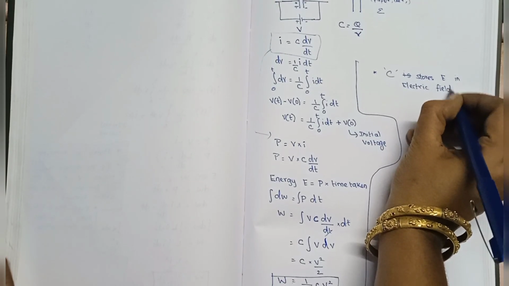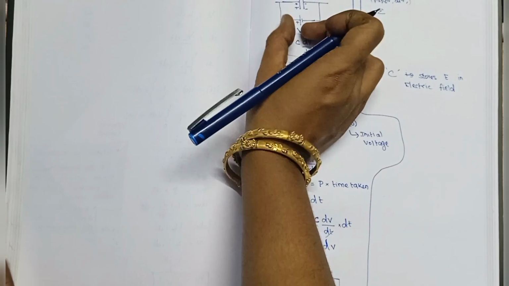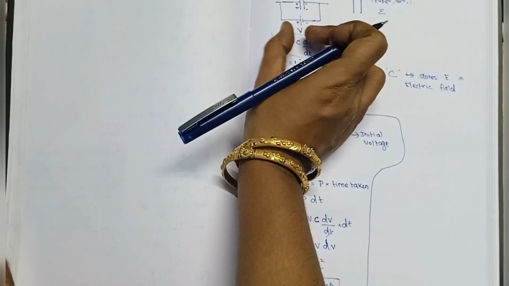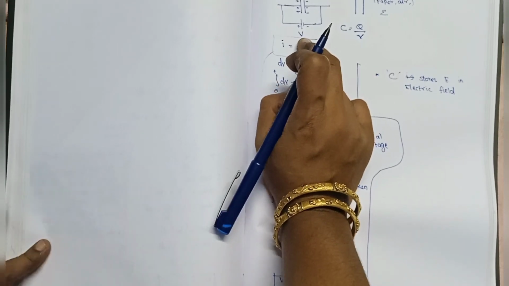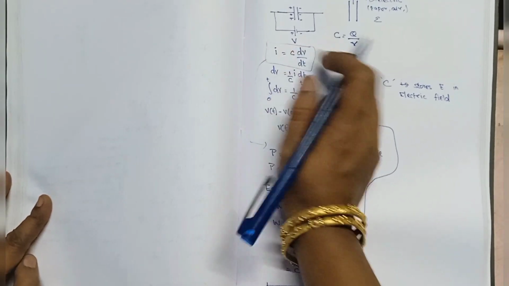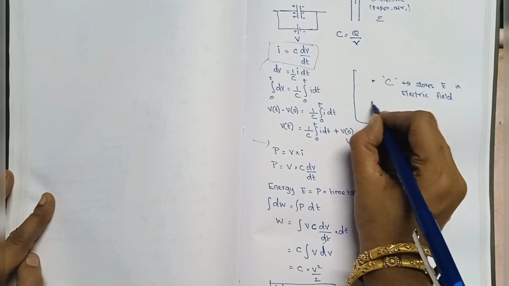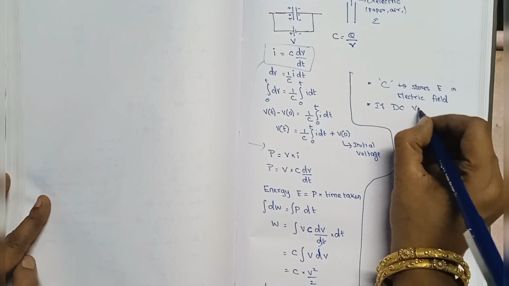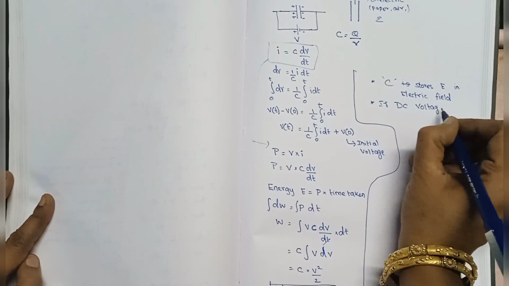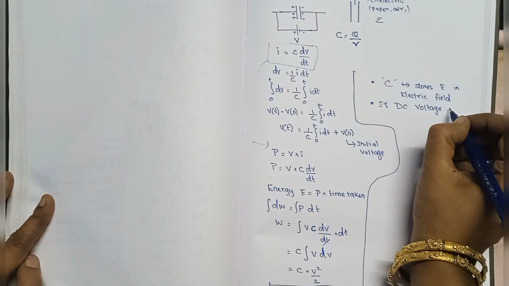So see here, if I am giving a voltage, if there is some voltage across the capacitor, that particular voltage is nothing but a constant voltage. What is meant by constant voltage? AC voltage, otherwise DC voltage. The voltage constant means it is a DC voltage. If it is DC voltage, what will happen to the current?